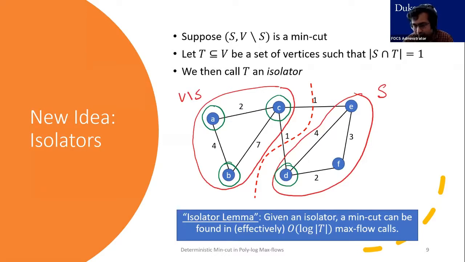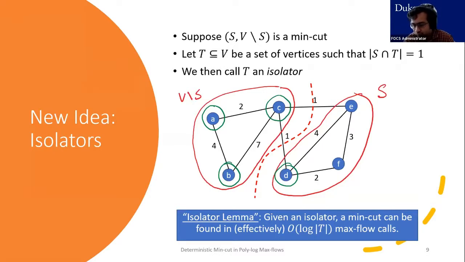So in general, we are going to give you the min cut back in log n max flow calls. This is important: the dependence of the number of max flow calls on the number of vertices in the isolator is logarithmic, and that's where it's non-trivial. If this were polynomial, obtaining something like this is not so hard.